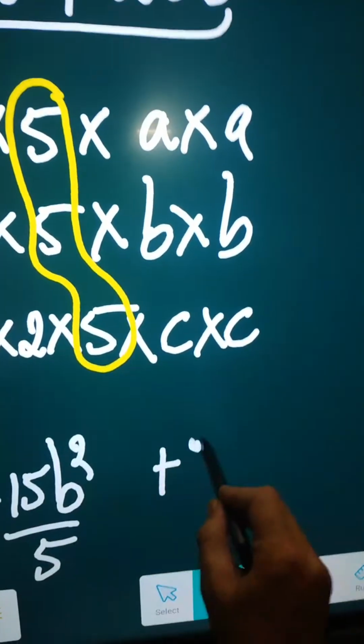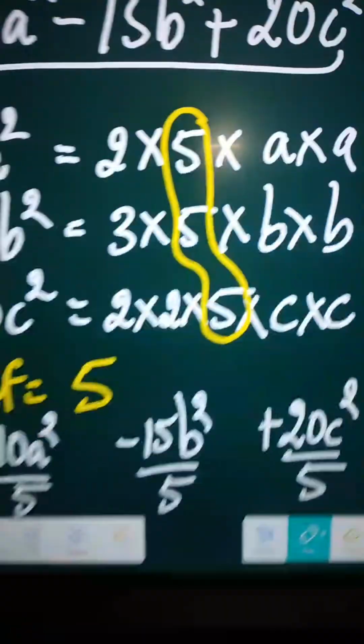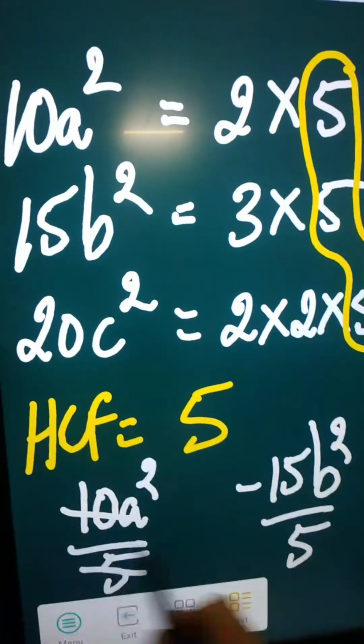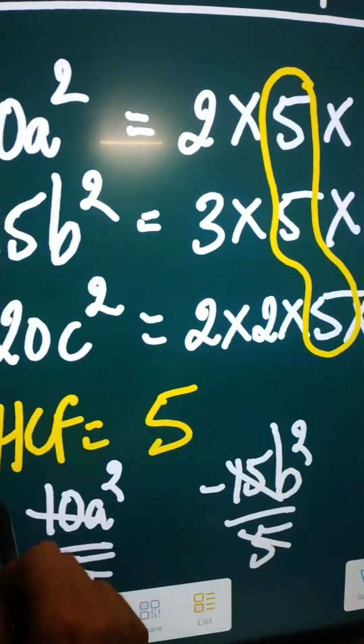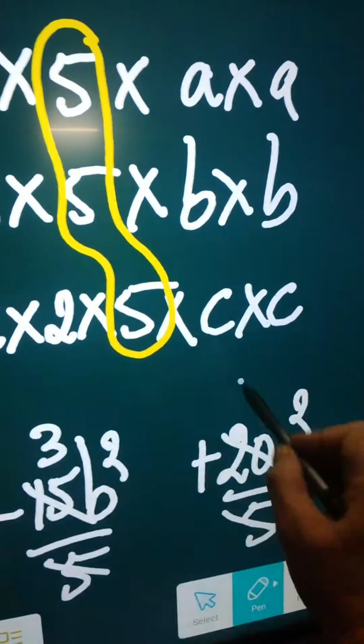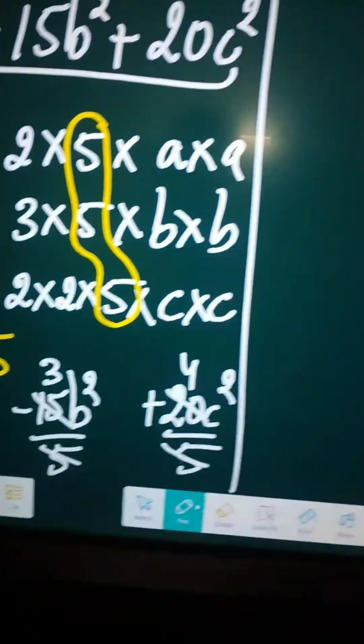When you divide, 10 becomes 2, 15 becomes 3, and 20 becomes 4.